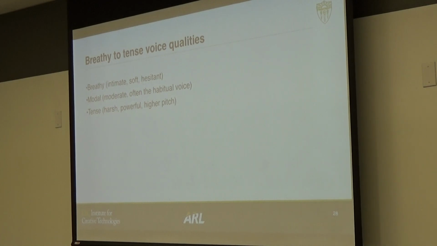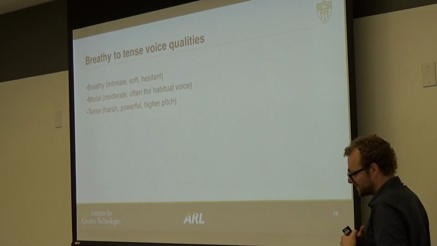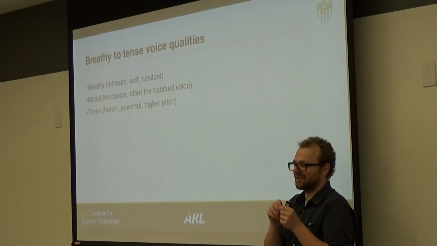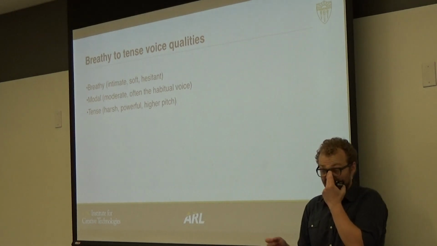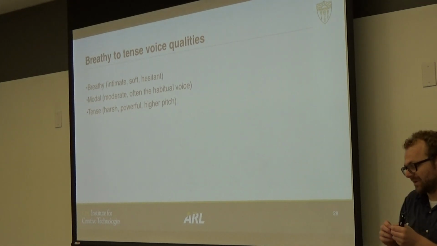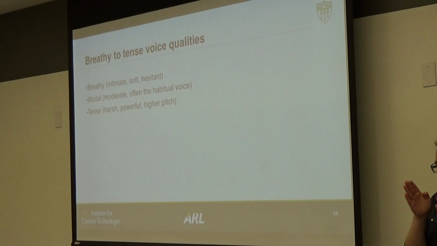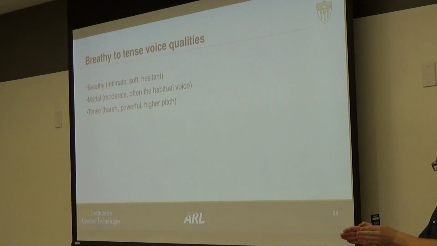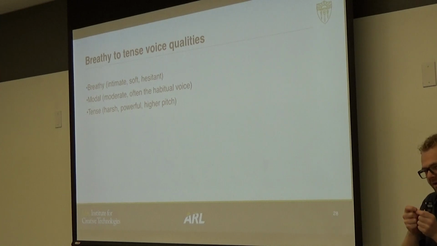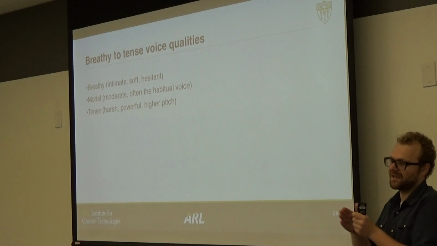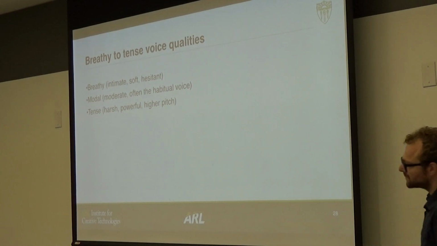So these are the three voice qualities that most people work with, and this is on the breathy to tense dimension. You can imagine that this is not necessarily a very discrete separation. There's more of a continuum, so you can dial up the spectrum on how breathy or how tense you want to have the voice.